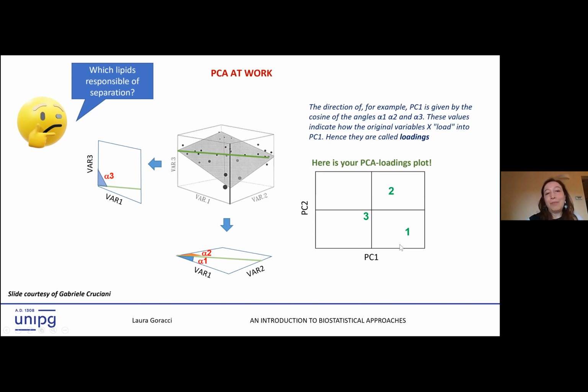That could seem a little bit complex, but at the end, you have to consider that this is very useful because this time you have your variables projected exactly in the same plot defined by PC1 and PC2.